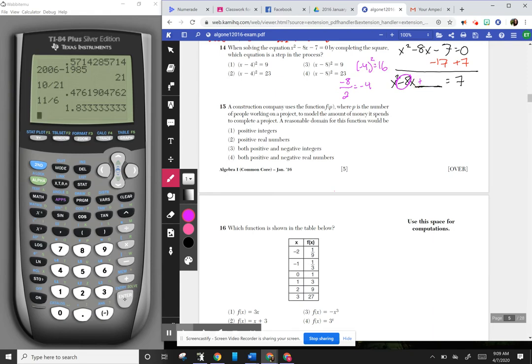And we're going to add 16 on both sides now. Okay, we do that because now we can rewrite the left side as x minus 4 squared. And that's coming from here. So x minus 4 squared equals 7 plus 16, which is 23.